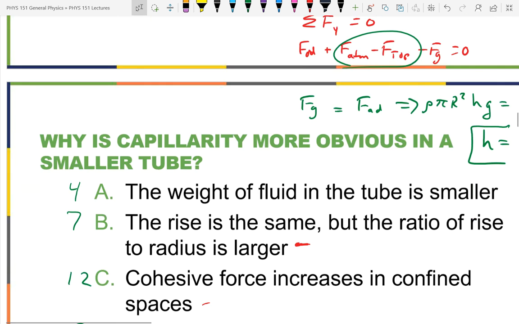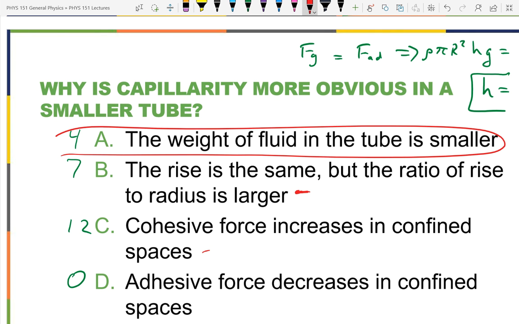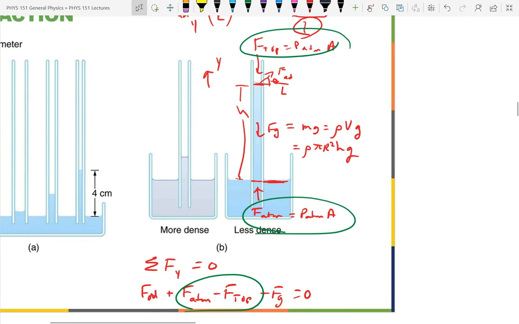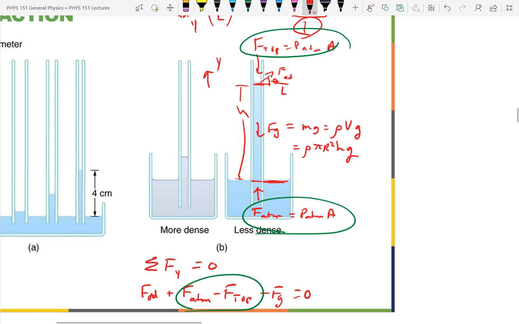I clearly wasn't correct or wasn't effective in explaining this because the correct answer was A. So let's come back to this. If we had a smaller radius, what did that do? It was A.